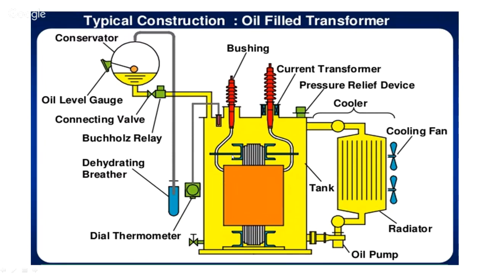Again, during light load conditions, that is, not much load on the transformer, the temperature of the oil reduces, the oil contracts in volume, so the level of the oil is going to fall. Then air is breathed in from the surrounding atmosphere into the conservator.